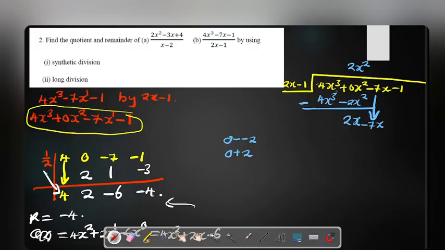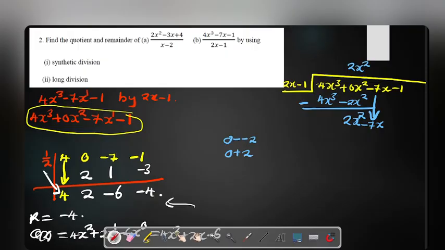So what you do is, 2x squared times negative 4x, then here negative 2x squared, you subtract.